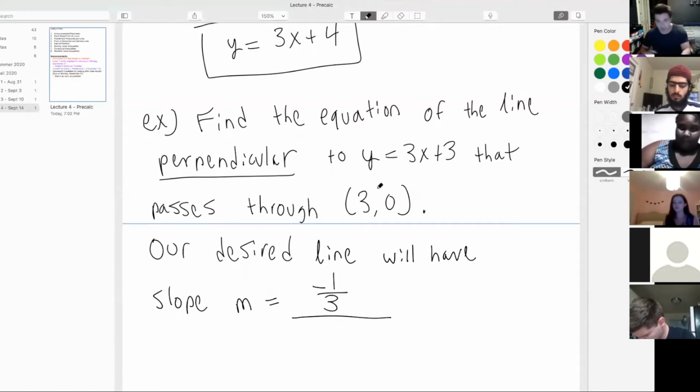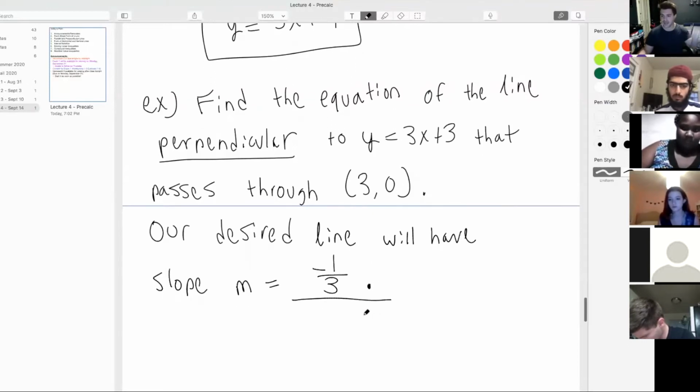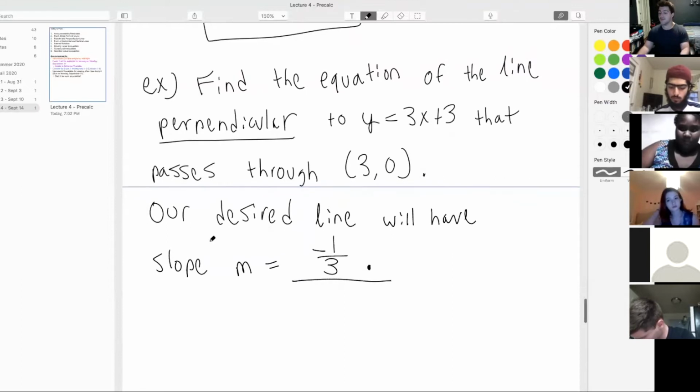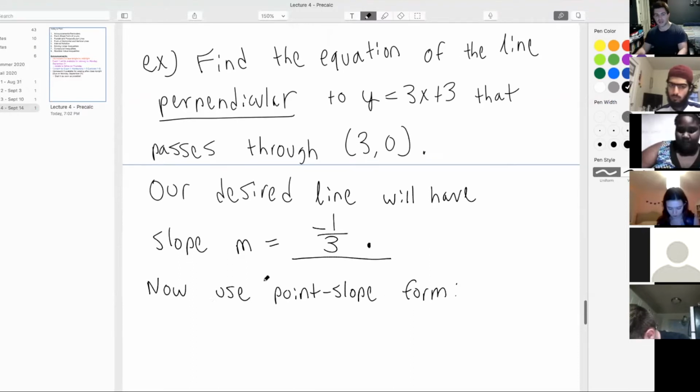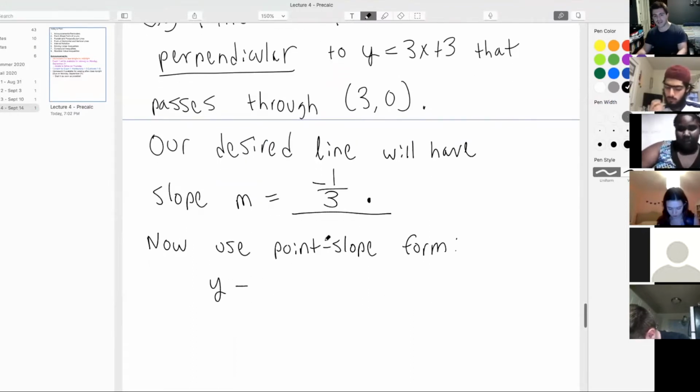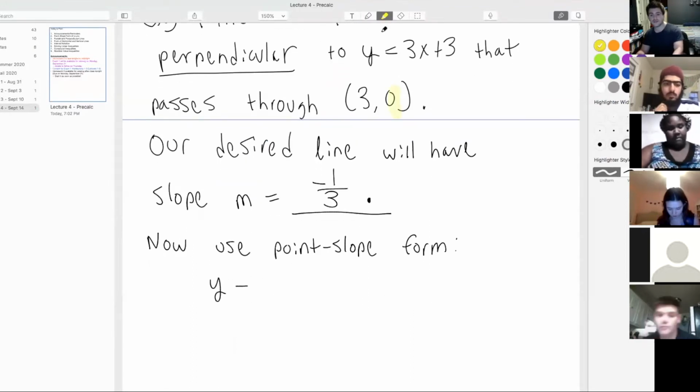Now we are in exactly the same case as those first few examples from class. You just use point slope form. Remember, it's y minus the y coordinate. Well, the y coordinate is 0, so it's going to be y minus 0.